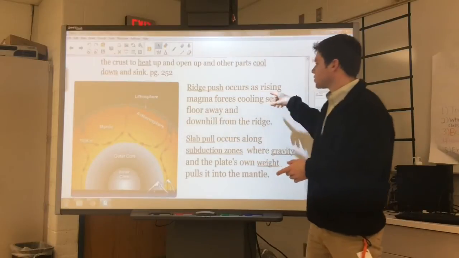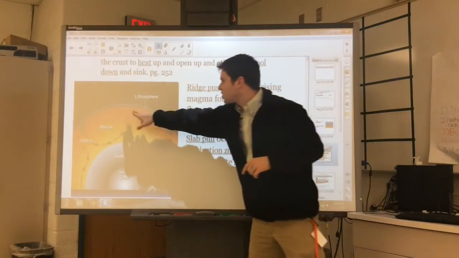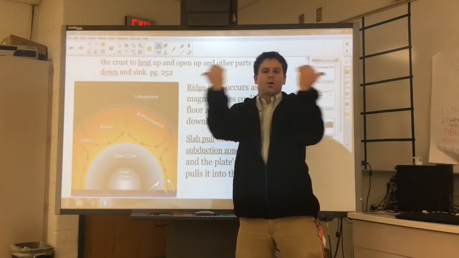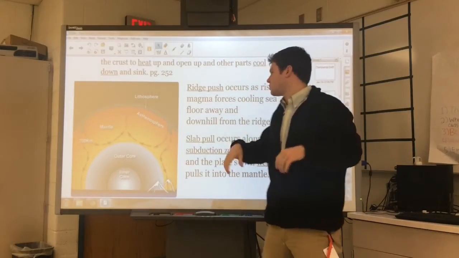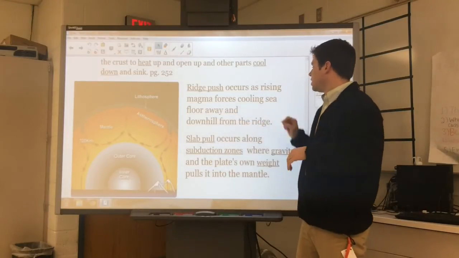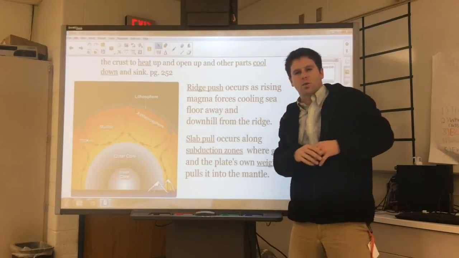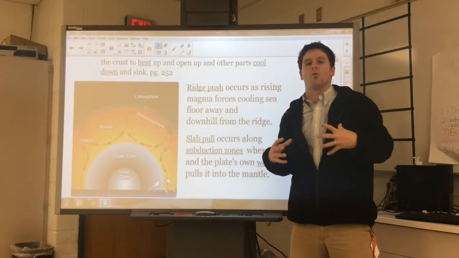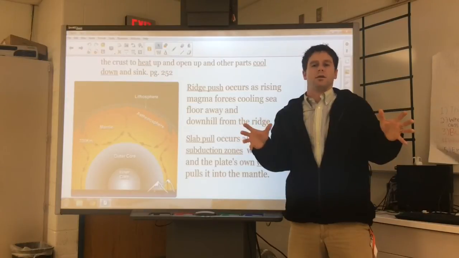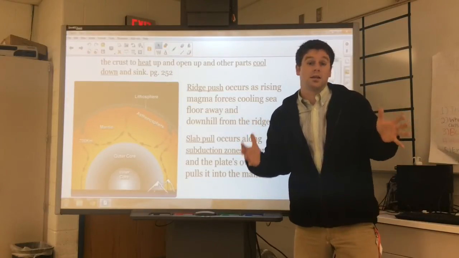Ridge push occurs where the magma is rising towards the surface or towards the crust. Right? It starts to push the ridge or the plates in opposite directions. Right? Where magma forces cooling floor away from the ridge. Okay? So this mid-Atlantic ridge is this mountain range underwater that spews lava, and then that lava freezes into igneous rock.